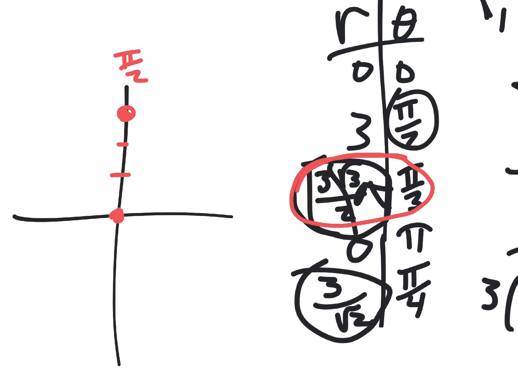I said that was about maybe 2-ish. Pi over 3 is like this. It's out about 2-ish. Looks like there-ish. Okay. This one's back to the origin. Don't need to graph it again. It's already there. There's already a dot at the origin. 0 comma anything is at the origin.